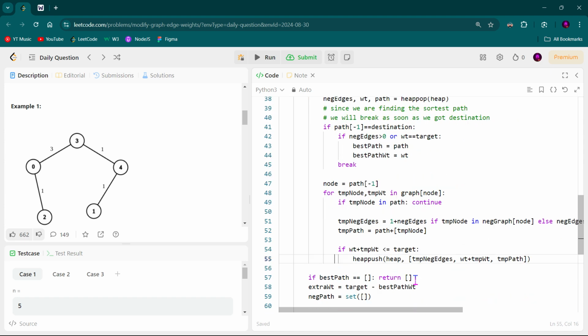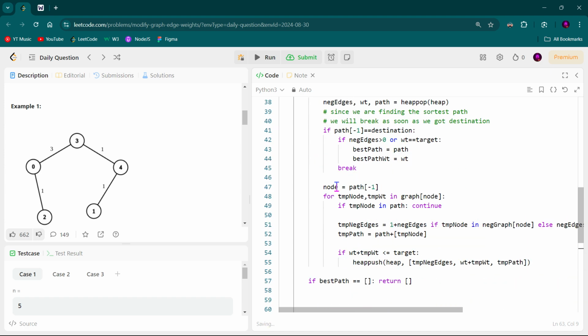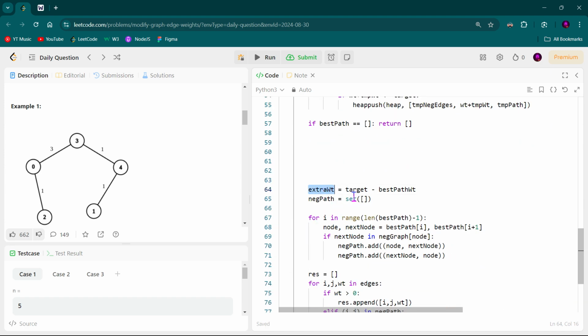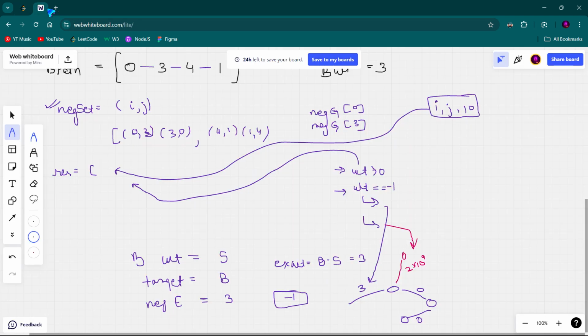So this was my second part of the Dijkstra. And now the extra weight is the target weight minus the best path weight. Okay. Now the negative path set, for the best path, node and next node. So if my path is like this, this is an edge, this is an edge, this is an edge.